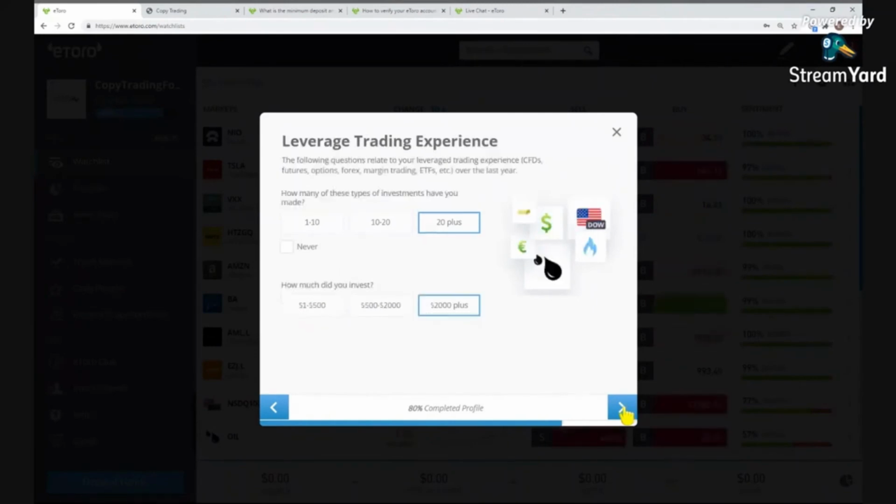This is just to get information that's given to the regulatory authorities. They need to collect this information, but it won't affect you applying for an account. So, leverage trading questions. Leverage is like you're borrowing money from eToro to put bigger trades in to buy stock.